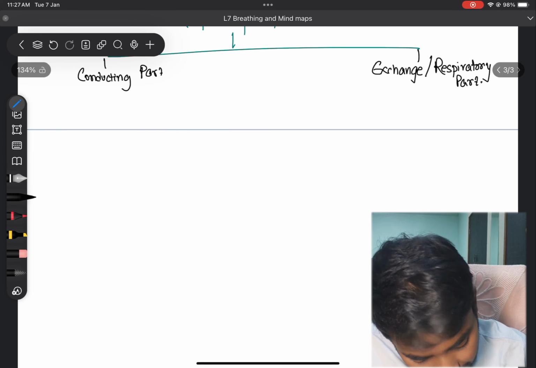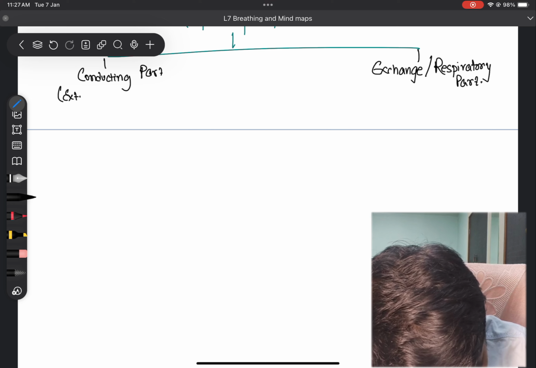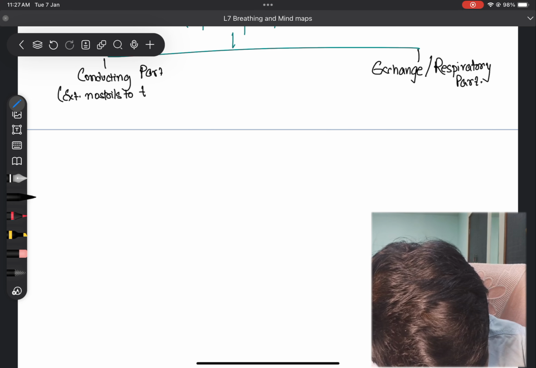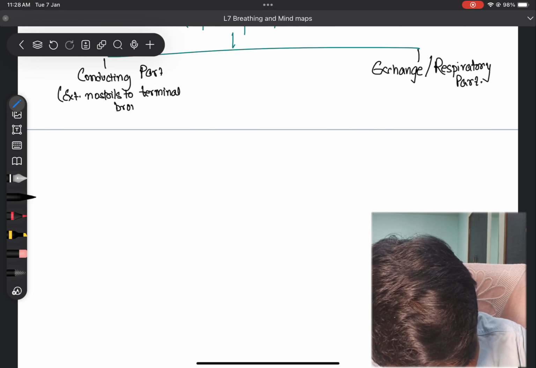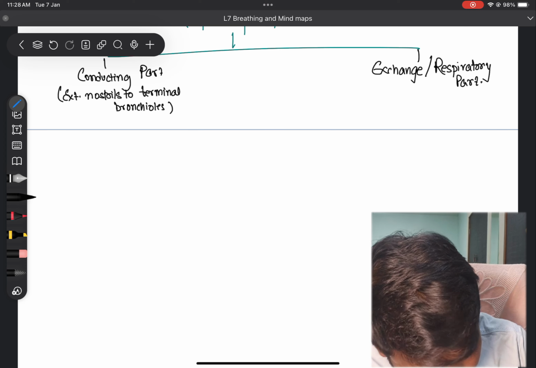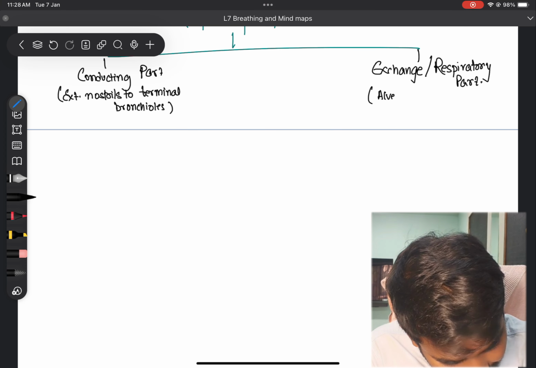In the conducting part, external nostrils to terminal bronchioles, and in the exchanging part, the alveoli and their ducts.